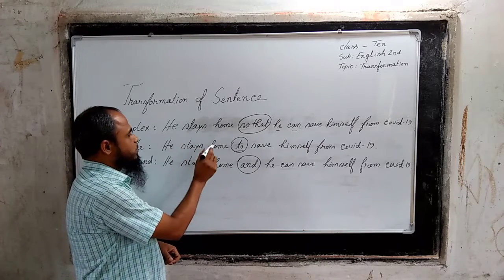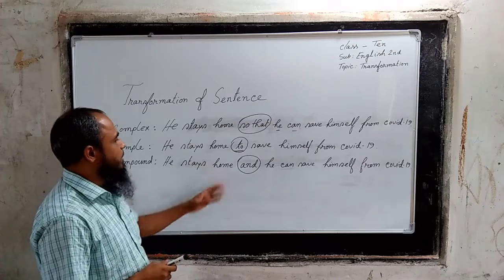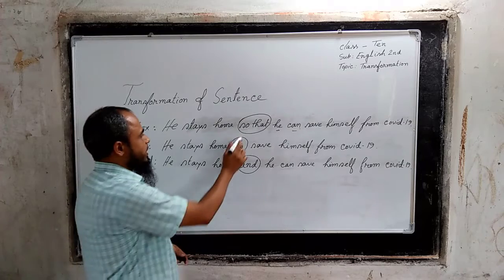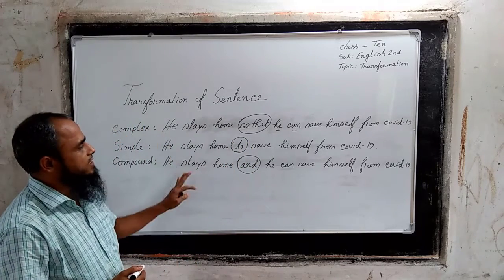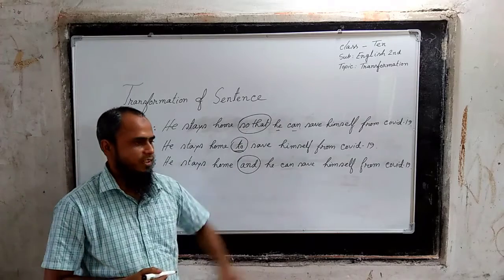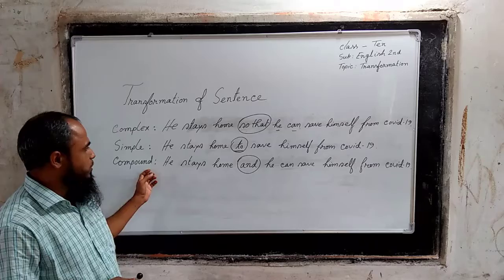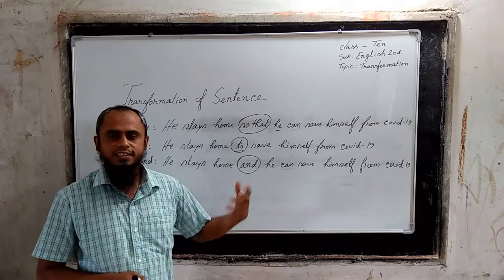Suppose: he stays home to save himself from COVID-19. He stays home and he can save himself from COVID-19. Here, instead of "so that", you will use only "and". No need to change other words in the complex sentence for making it compound. Only use "and" instead of "so that", then your sentence is okay.